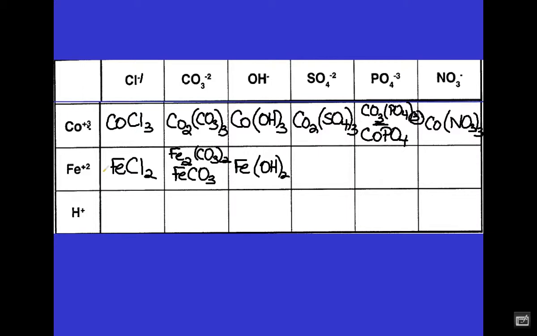This next one is like the one before with CO3. It would simplify down to FeSO4, Fe3(PO4)2. And then the last one here is Fe(NO3)2.